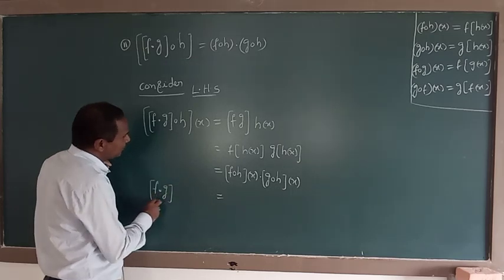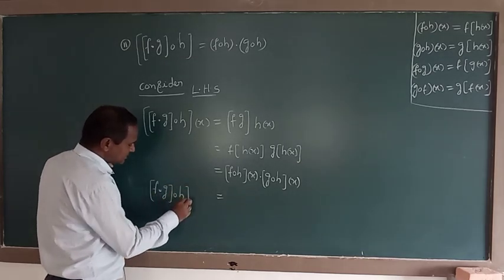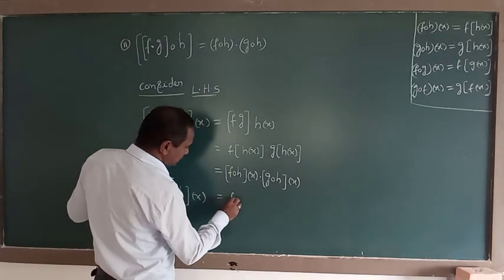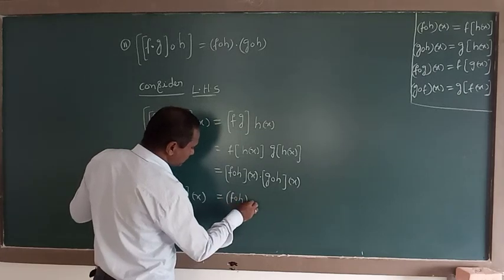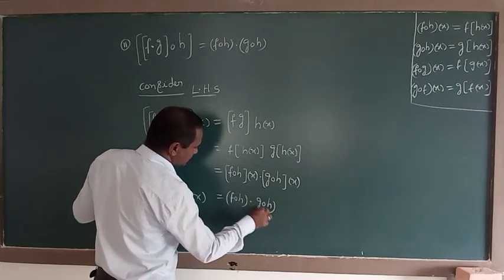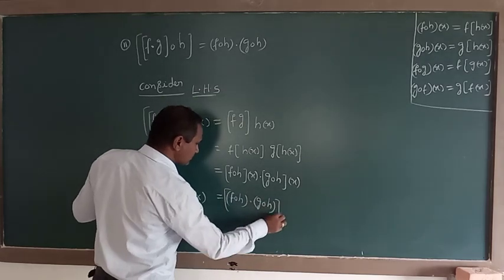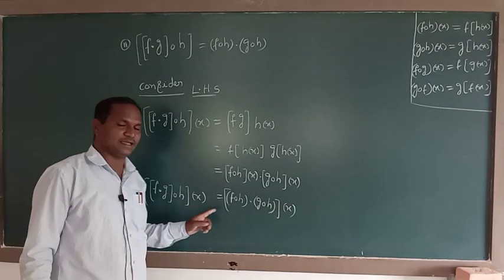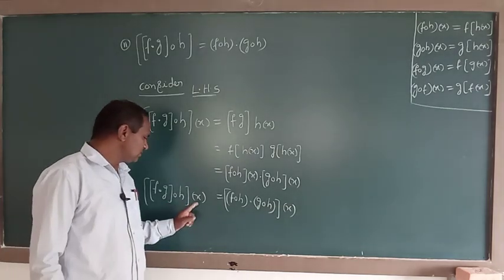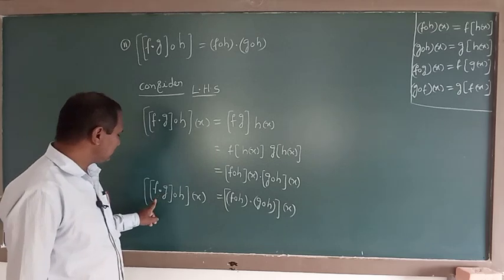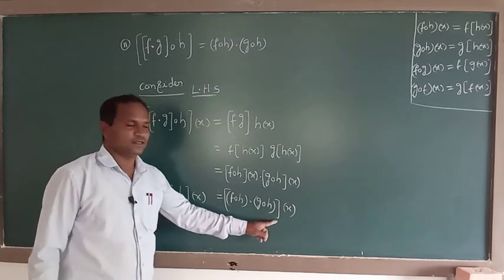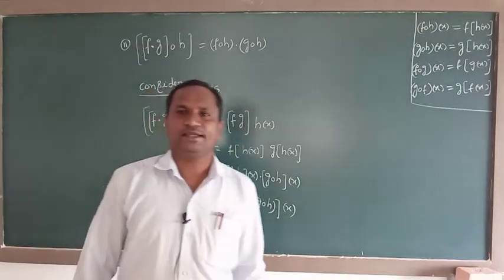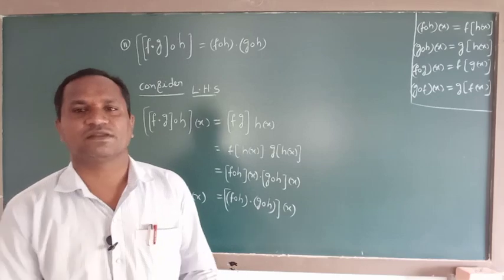f into g means f dot g circle h of x is equal to f circle h into g circle h of x, because the variable is present at the right hand side of the functions on both sides. Here also variable x present at the right hand side of this function. Here also x present at the right hand side of this total function. By taking right cancellation law, the variable x will get cancelled.